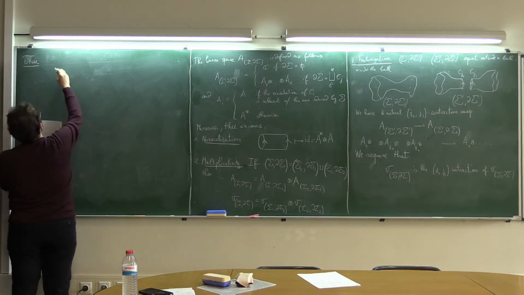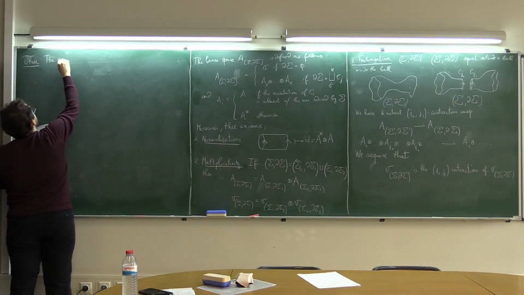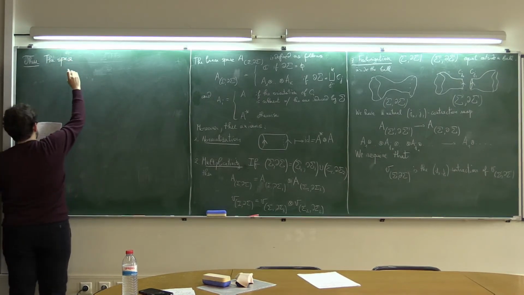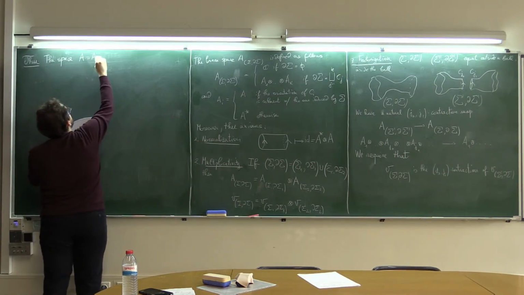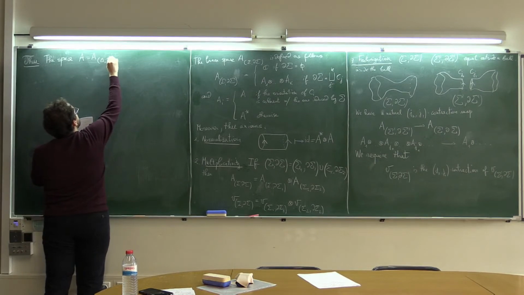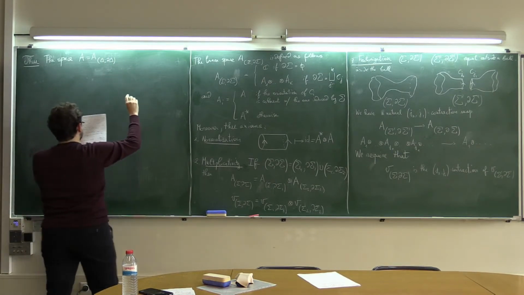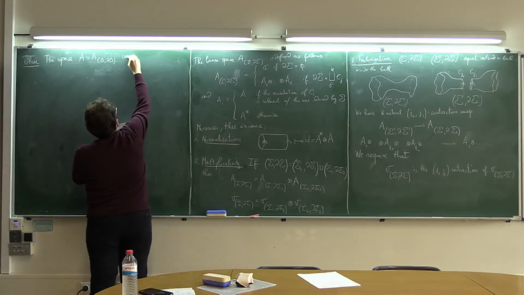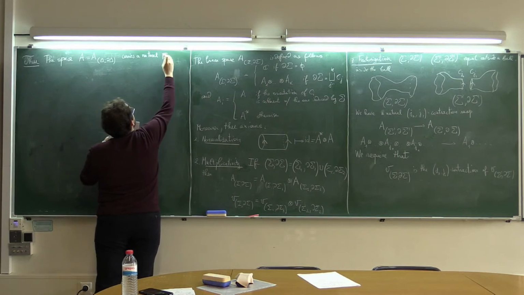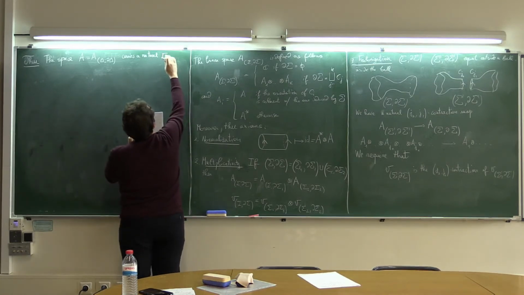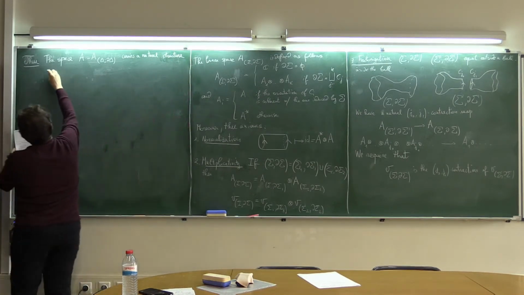Theorem: the space A, which I recall is the space attached to this pair, carries a natural structure of Frobenius algebra.